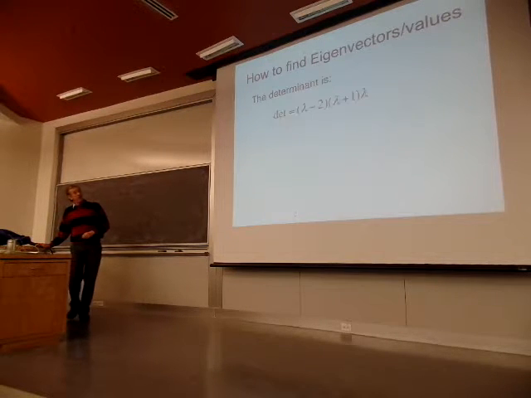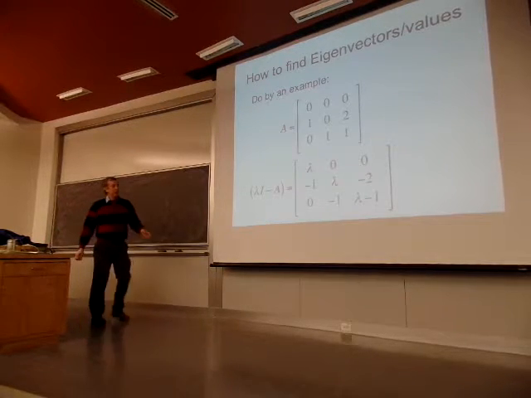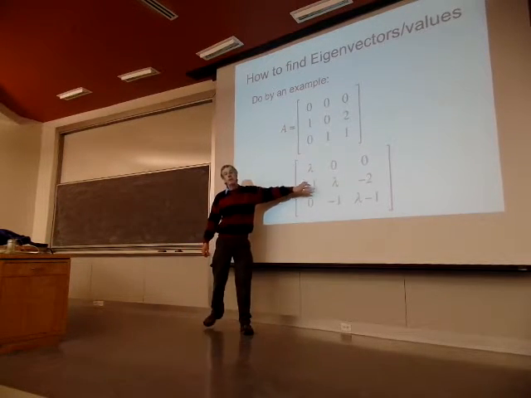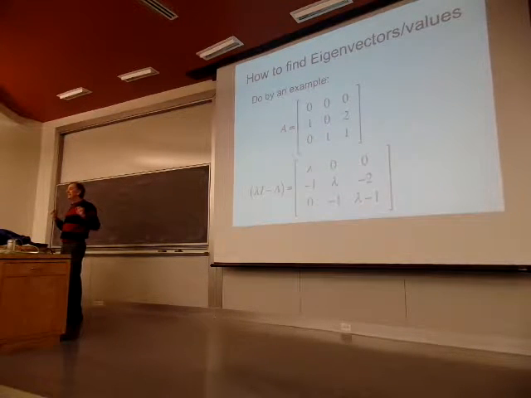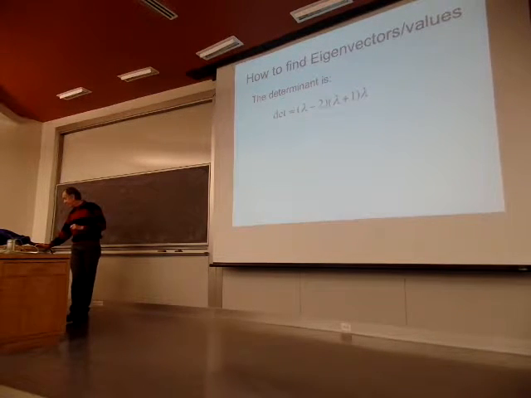And the determinant will be, for this case, simply lambda minus 2, lambda plus 1, and lambda. So I just went back and found the determinant of this matrix. Everybody can get the determinant of a 3 by 3, right? You get the inverse of the 3 by 3 without MATLAB. I expect you to be able to do that for a test. Okay, so I got the determinant.